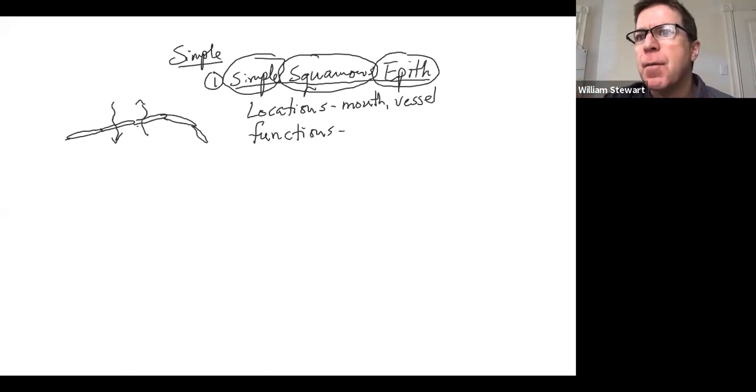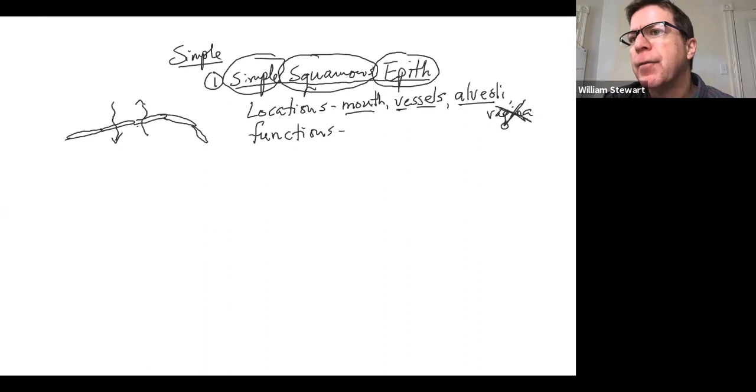And we find this in the mouth, lining our vessels, in the alveoli of our lungs, in the female reproductive tract, specifically lining the female vagina. Actually, I think that, wait, that's stratified squamous. So let's just do mouth, vessels, and alveoli.